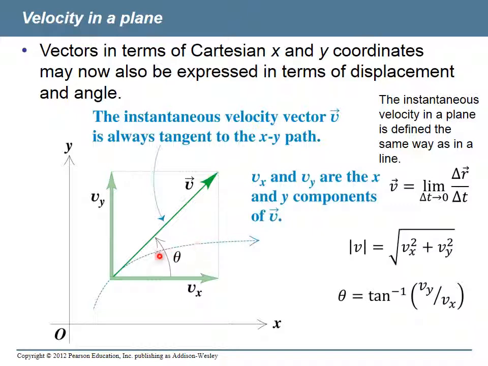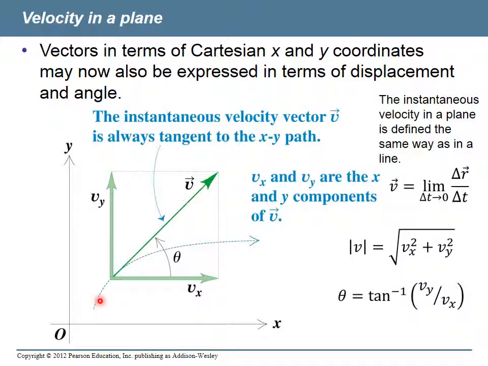So I'm going to talk about instantaneous velocity because it's defined the same way as the instantaneous velocity when we're talking about in a straight line. So the velocity vector, if I were to take this point right here and find the instantaneous velocity, then it would be a vector that is, I'm sorry, it's tangent to the path at that point.